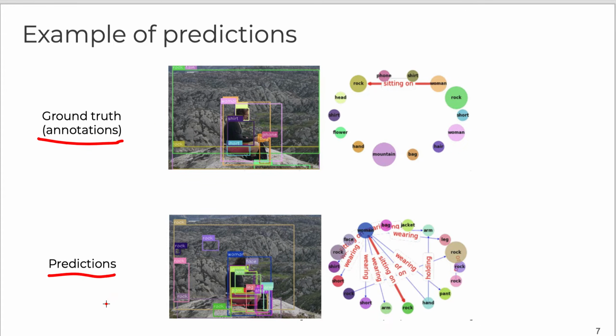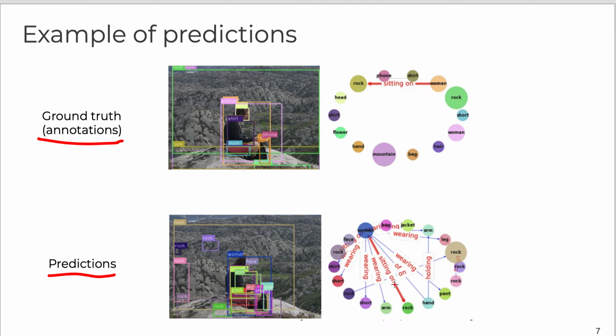But the model predicts a relatively dense graph. In this case, I applied a threshold to throw away edges with low confidence. By confidence, I mean the softmax outputs.